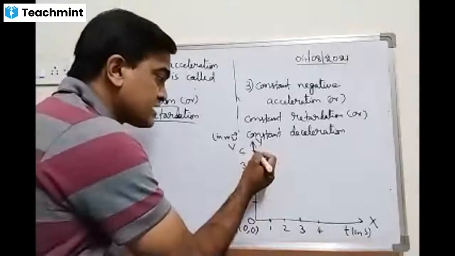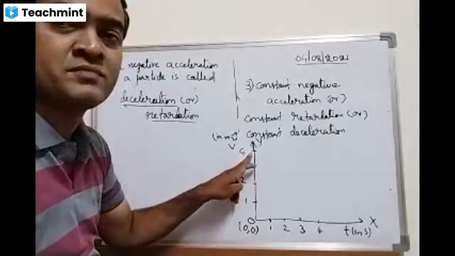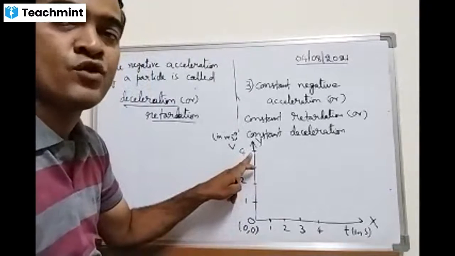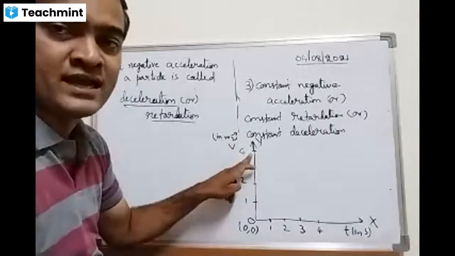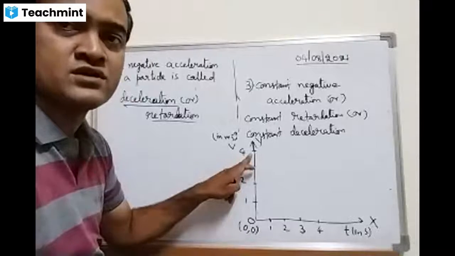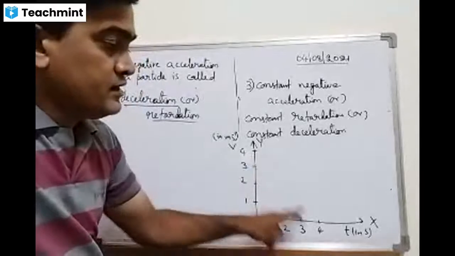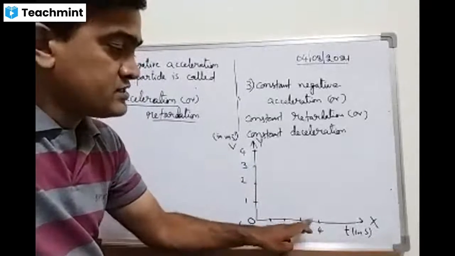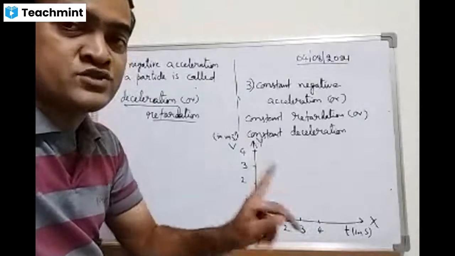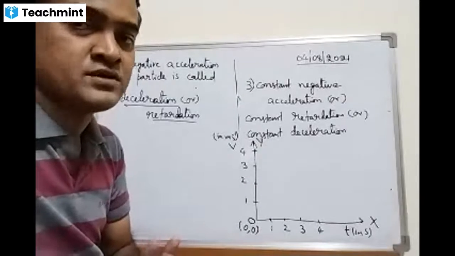At time t equal to 0 seconds the velocity of the particle is initially 4 meter per second, and gradually it comes to rest. When it comes to rest, the velocity of the particle should become 0.